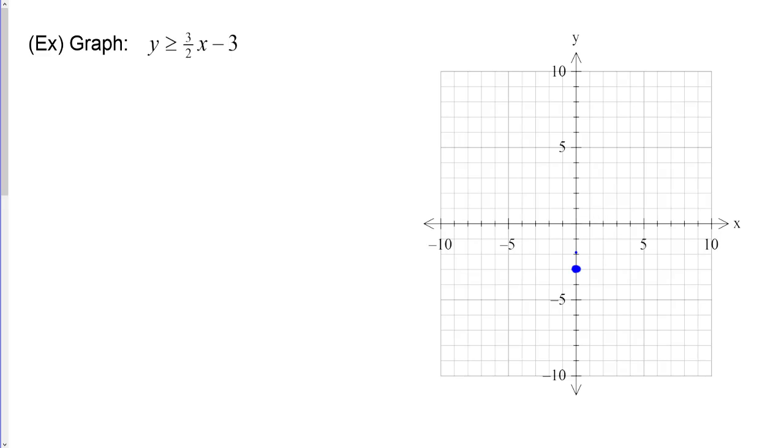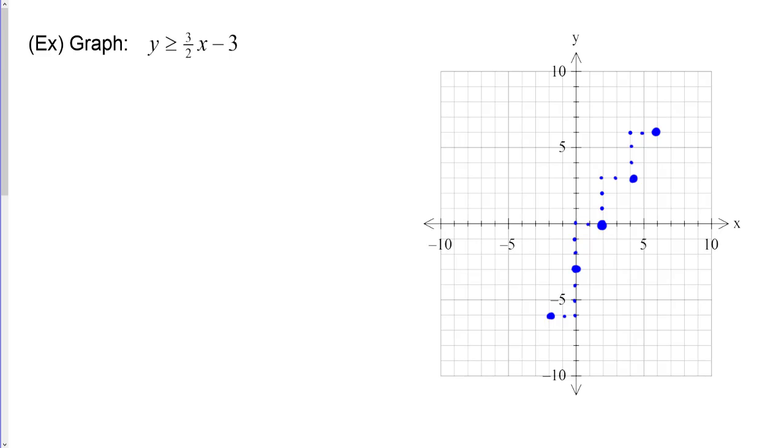So if I go up 3 and over 2, that's going to give me another point on my line. Up 3 and over 2, there's another point, and I'll go one more just so I get a nice accurate graph. Or I could go down 3 and back 2.